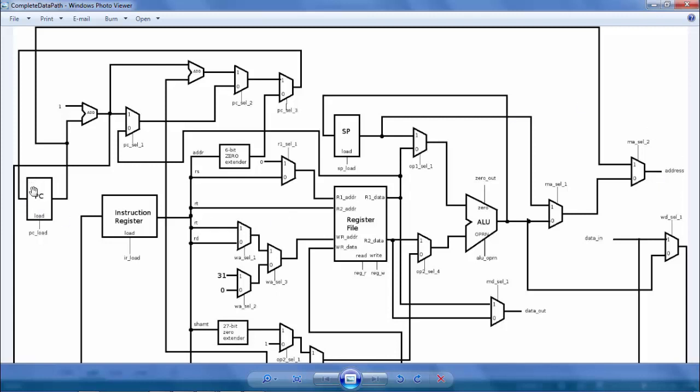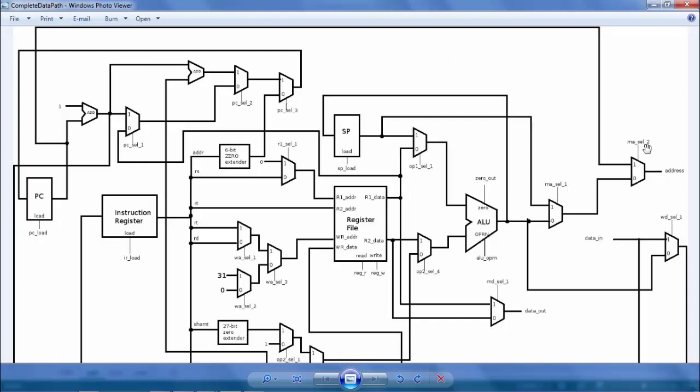Because your program counter is pointing to your instruction part of the memory, and remember our memory is hosting both the program and the data, which are of course at different addresses. So whenever we are trying to access the instruction part of the memory, that address is coming directly from my program counter.